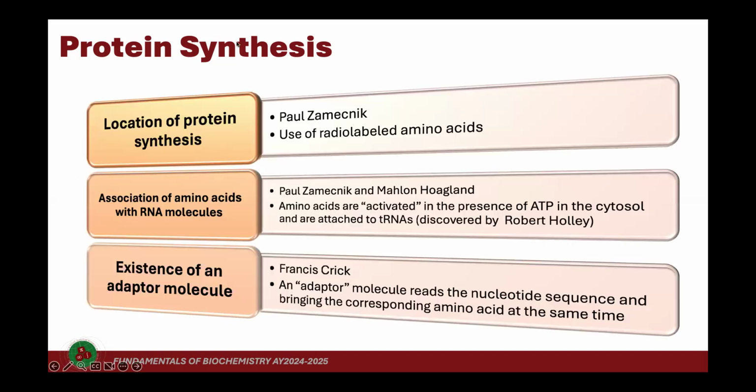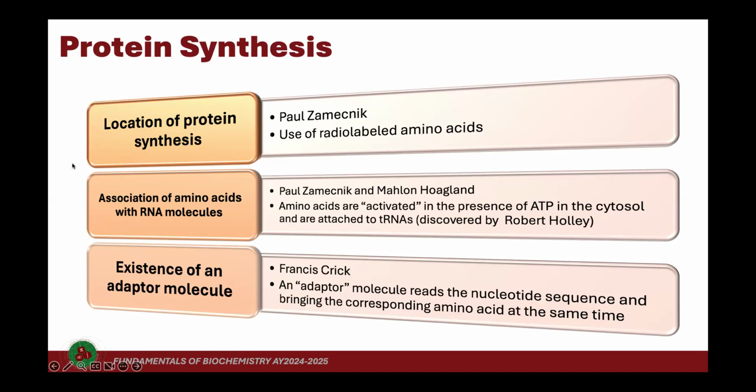So there are three important discoveries that led to the understanding of protein synthesis. The first is the discovery of where protein synthesis takes place inside the cell. This is in the context of eukaryotes again. Paul Zamecnik used radio-labeled amino acids.